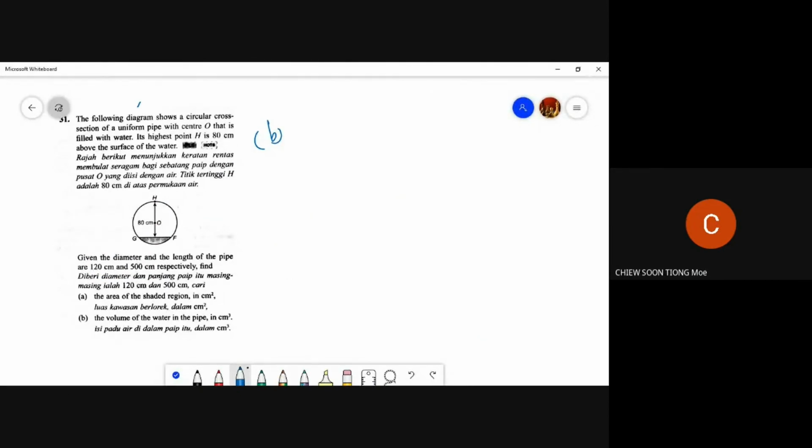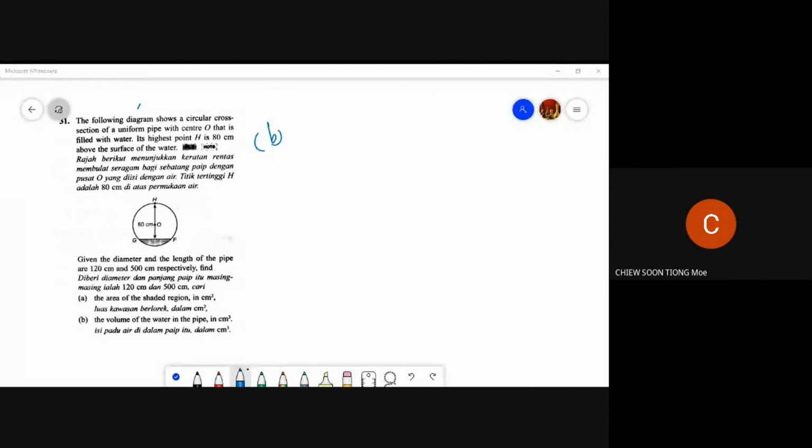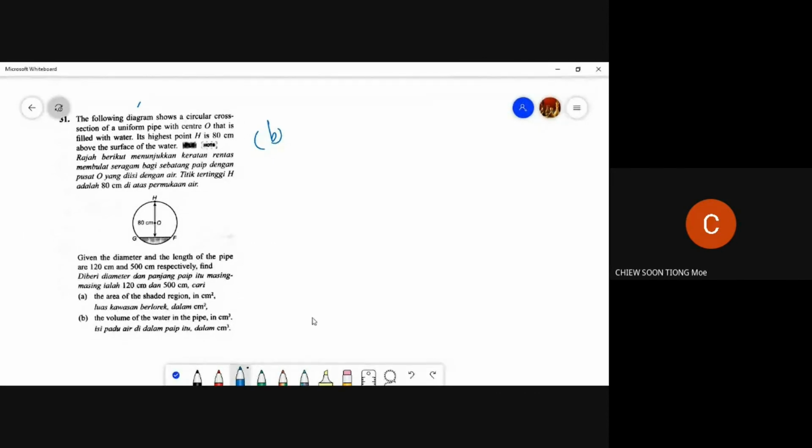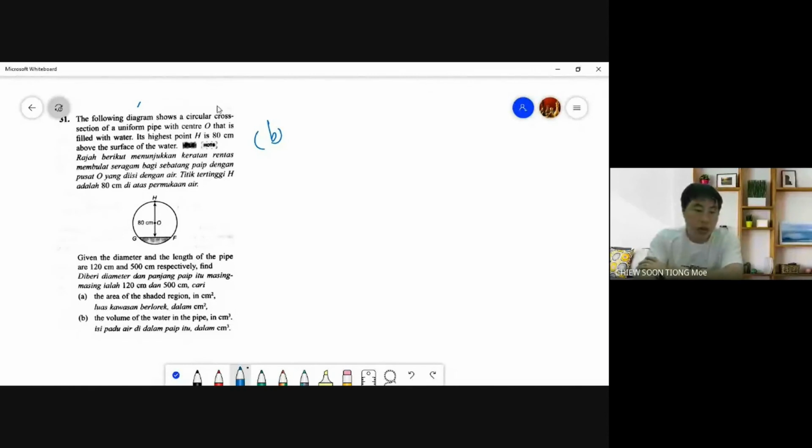Start now. For question B, the volume of the water in the pipe. This one is very easy. Remember the volume, don't get a headache about it. You say cylinder volume is pi r squared h.